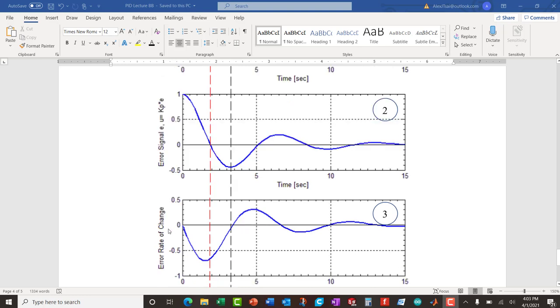Now, let's imagine that someone is wanting to know what is the error rate of change, the rate of change of the error with respect to time. So essentially they're taking plot 2 and deriving it. So we're going to take that blue line and take the derivative. Now notice here that plot 3 is essentially the slope of plot 2. So in this instance, when the slope is right there, 0 slope, if you go down here, you see that you have 0 for your dE/dt.